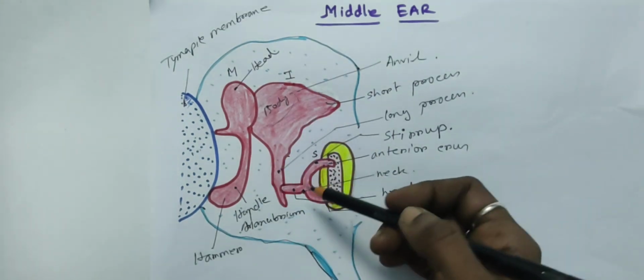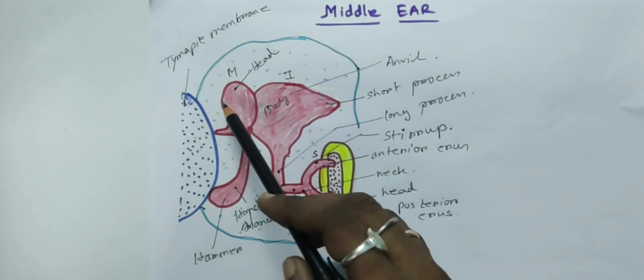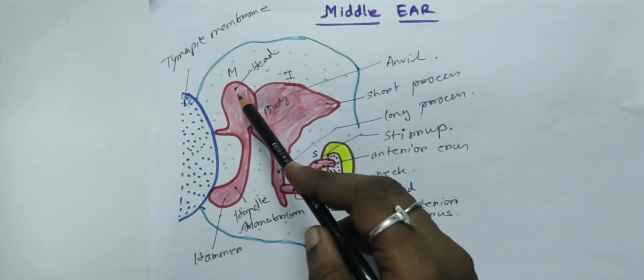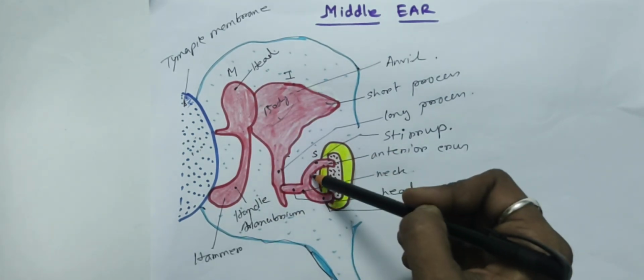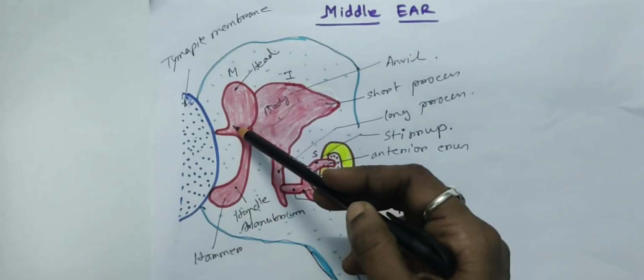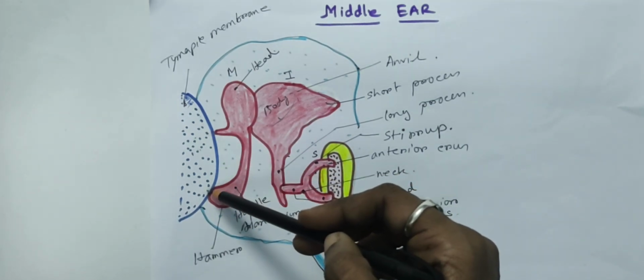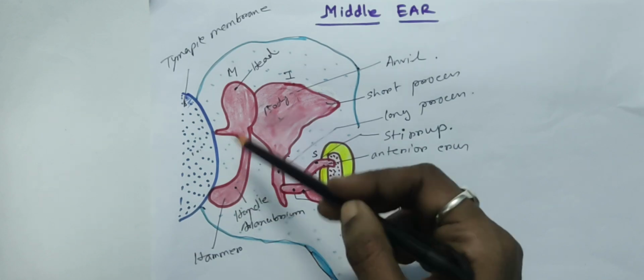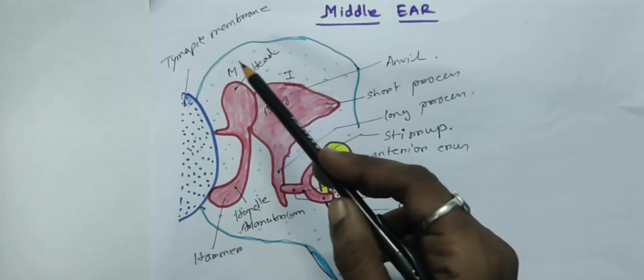Okay, I am telling you again. We have three ear ossicles. First is the malleus, second the incus, then the stapes. The malleus is attached to the tympanic membrane by its handle, the manubrium, and it has a head.